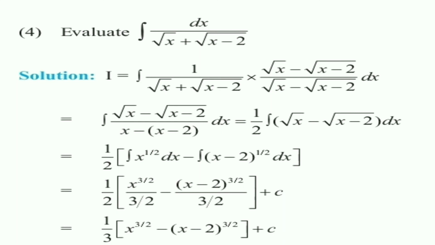This is equal to a square minus b square, and this is equal to 1 upon 2 into the integration of (root x - root (x - 2)) dx, equal to 1 upon 2 into the integration of x^(1/2) dx minus the integration of (x - 2)^(1/2) dx, equal to 1 upon 2 into x^(3/2) upon 3/2 minus (x - 2)^(3/2) upon 3/2, plus c.